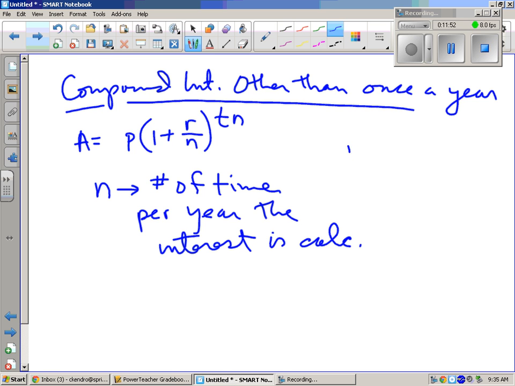For example, if you do it monthly, then n would be 12.